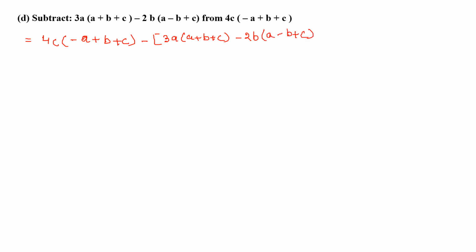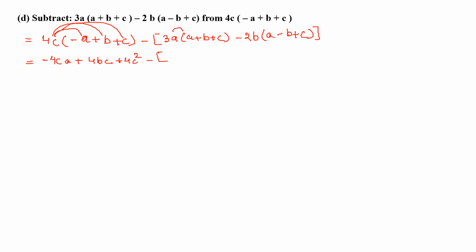And now I am going to simplify the expression. So 4c into minus a. Now you have to use the distributive property. So multiply 4c with minus a, it will give you minus 4ca. Then multiply 4c with b. So plus 4bc, and then plus 4c multiplied by c will give you 4c square.